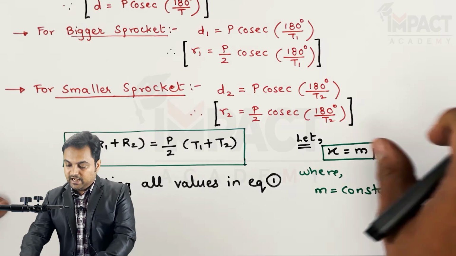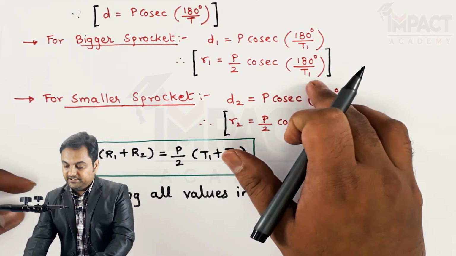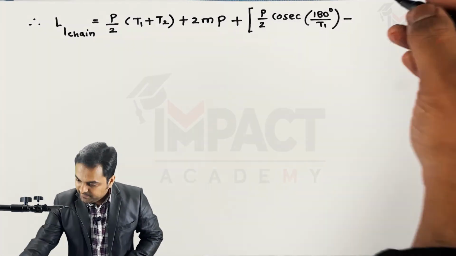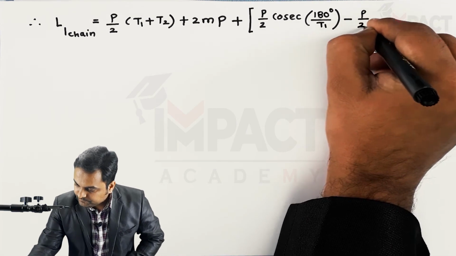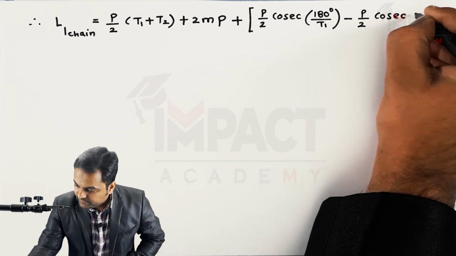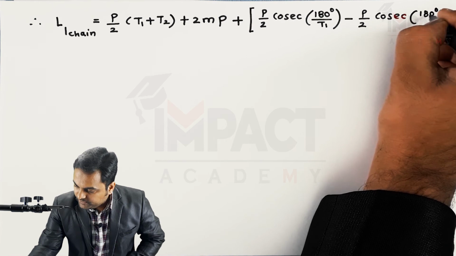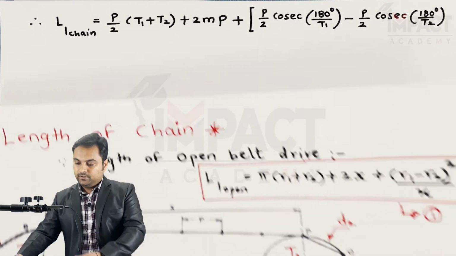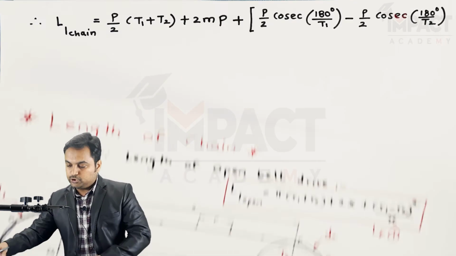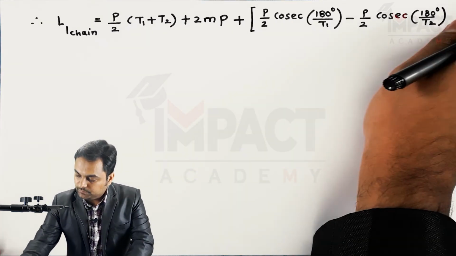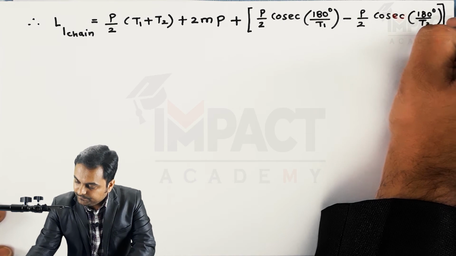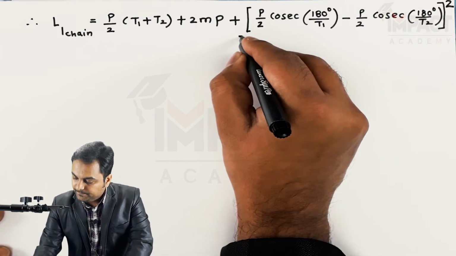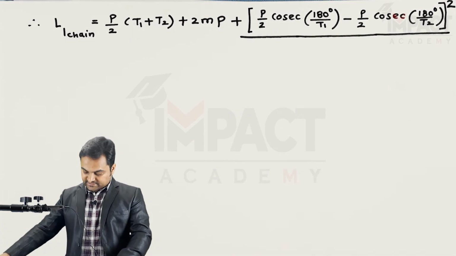The values are: r1 is p by 2 cosec (180 divided by t1), minus r2 is p by 2 cosec (180 divided by t2), and for (r1 − r2) it is whole square, divided by x, and the value of x is m into p.